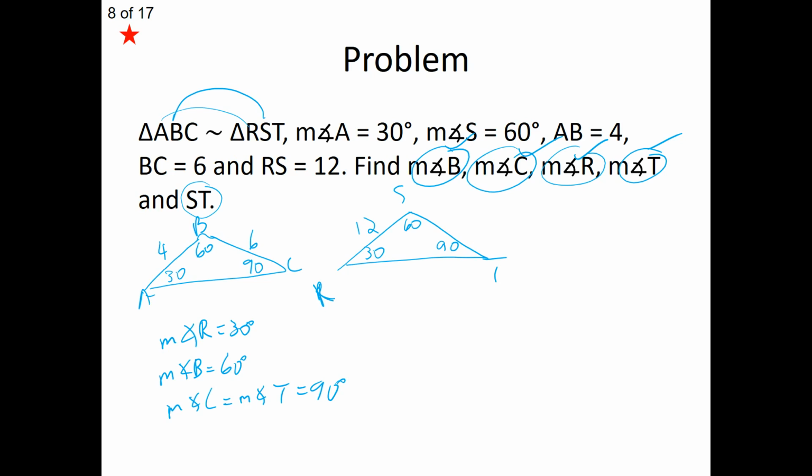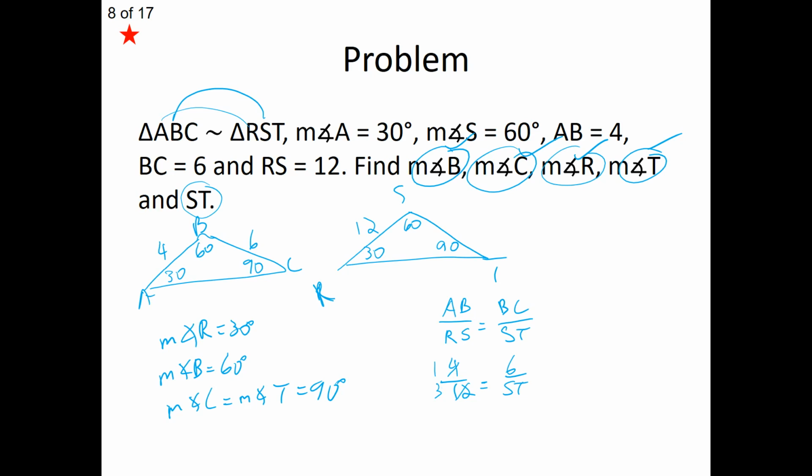Let's set a proportion. The ratio of AB over RS is the same as the ratio of BC over ST. Plugging in the numbers, we have 4 over 12 is equal to 6 over ST. We can solve for ST. I'm going to simplify this: 4/12 simplifies to 1/3.